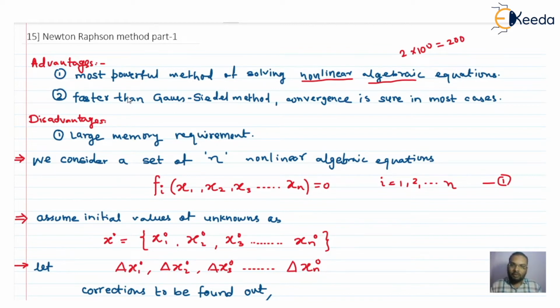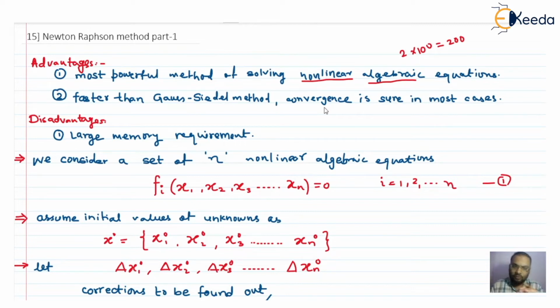The method we already know is the Gauss-Seidel method. Let me tell you, friends, the Newton-Raphson method is faster than the Gauss-Seidel method, and the convergence is sure in most cases. Of course, convergence depends upon the initial assumptions from where we start the iteration.